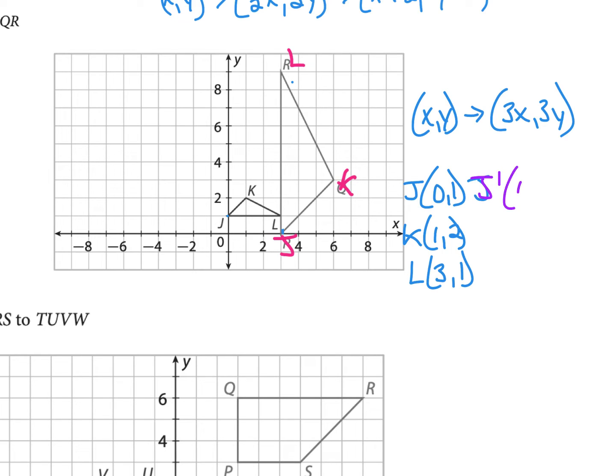If I multiply by 3, I'm going to get these. 3 times 3. All right. So I got 0, 3. There's my J. K is at 3, 6. And L is at 9, 3.